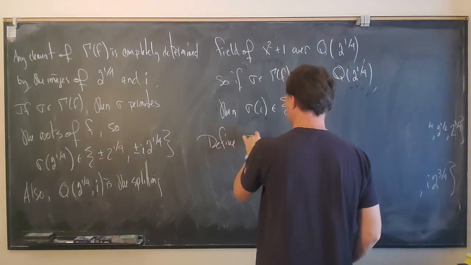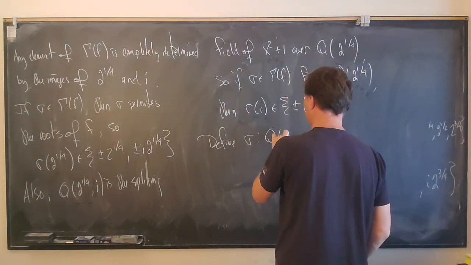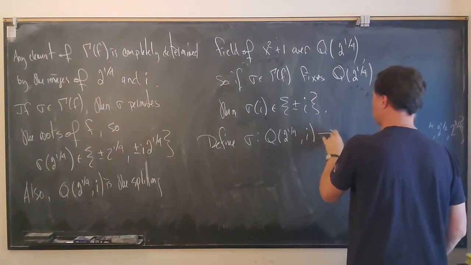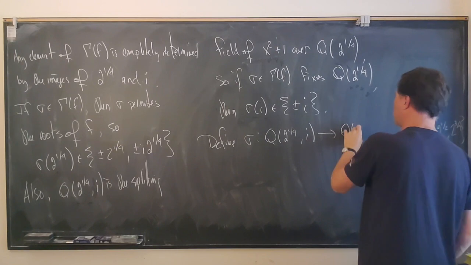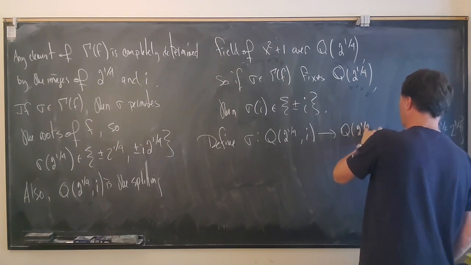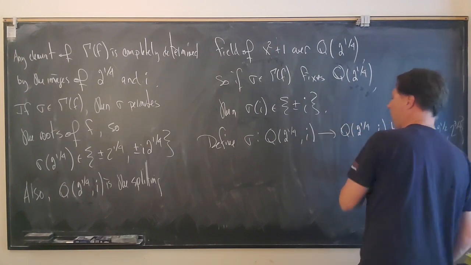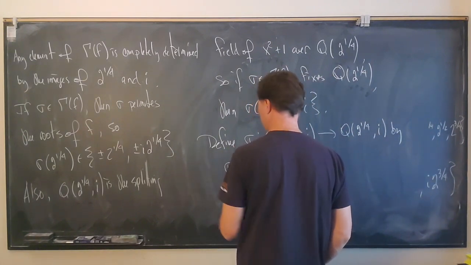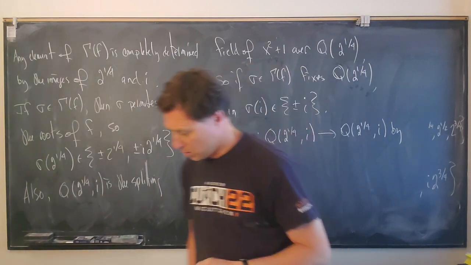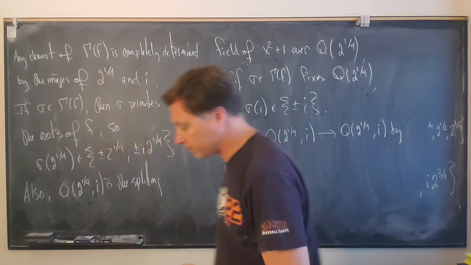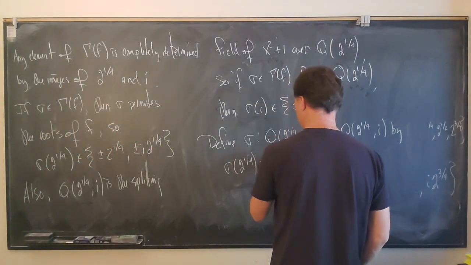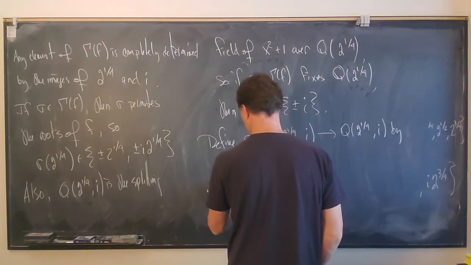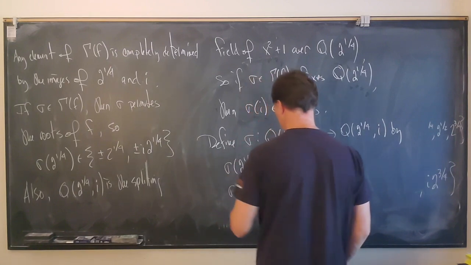So let's define sigma from Q adjoin 2 to the 1/4, i to Q adjoin 2 to the 1/4, comma i by sigma of, remember, what we need to know is what happens to 2 to the 1/4 and i. So sigma takes 2 to the 1/4 to i times 2 to the 1/4, and it takes sigma of i to i.